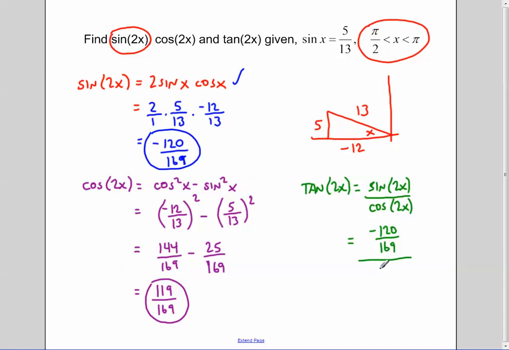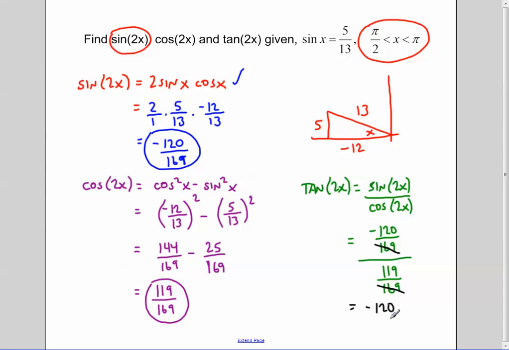And then the cosine was 119 over 169. Now what you notice is the denominators match. And that'll always be the case, and they're going to cancel out. So I end up with negative 120 over 119.